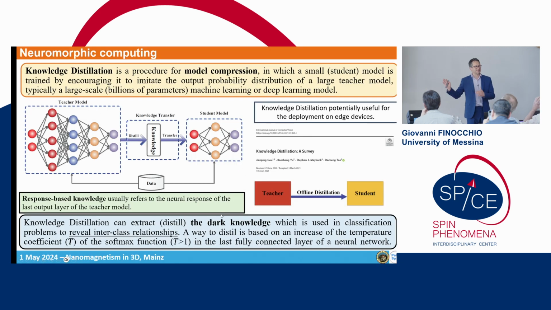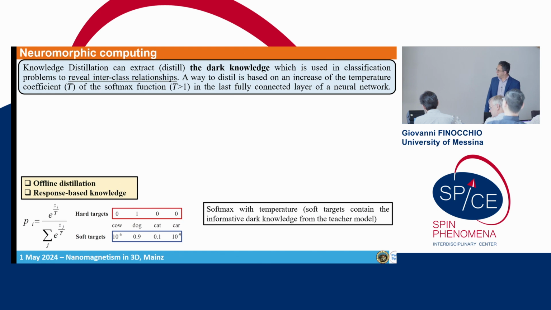To be honest, I'm in love with this concept because I think it's really useful. In the end, we are able to deploy a very small model on the phone, which works very close to the big model we trained with billions of parameters. I think this is a direction we will hear a lot about in the next year. All right, so let me tell you more about this dark knowledge.